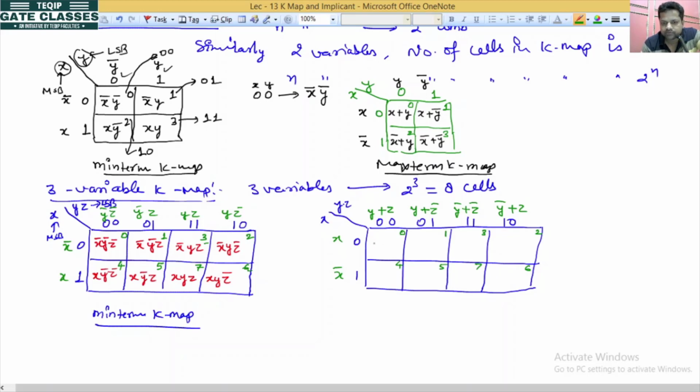So if you want to write the max term for this cell, it will be x plus y plus z, because from this side we have x, from this side we have y plus z. So it will be x plus y plus z bar for this cell. For this cell it will be x plus y bar plus z bar, x plus y bar plus z.